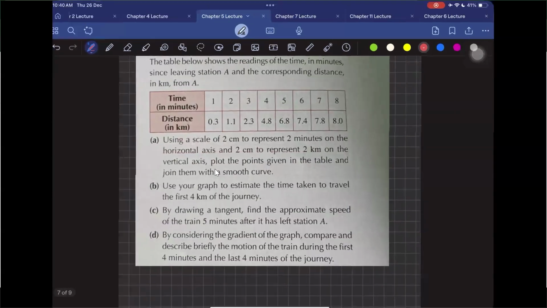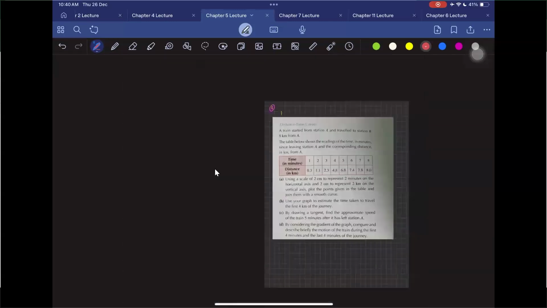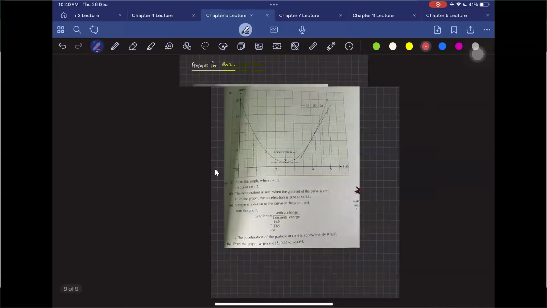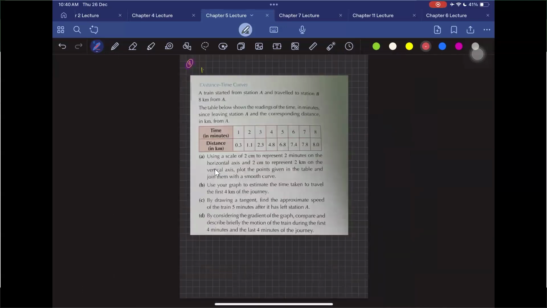Initially they've given you the scale, and they have asked you to draw the graph and then use the graph to estimate the time taken to travel the first 4 km of the journey. I want you to try out this question by yourself. I will go through the next question with you, okay?